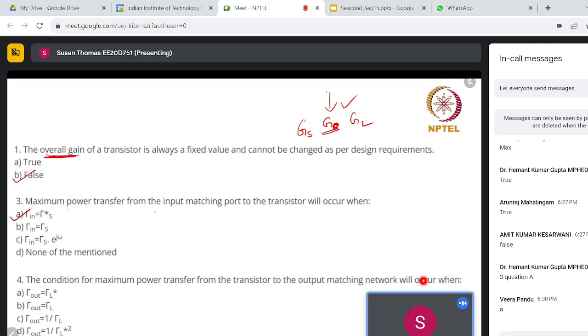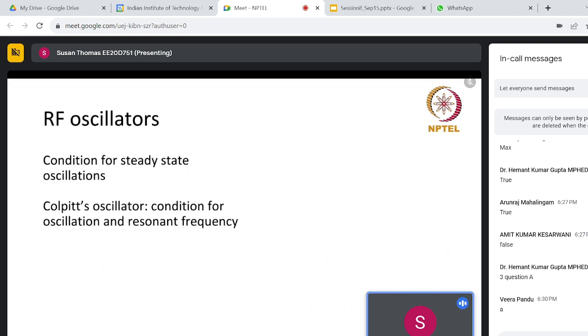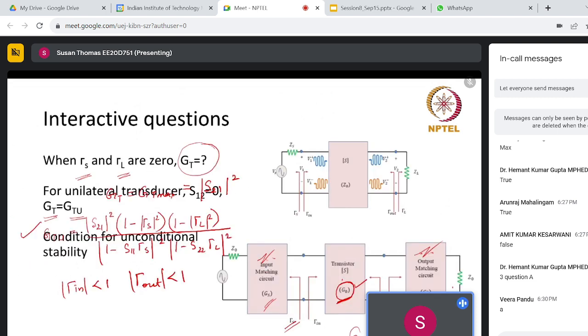Maximum power will be transferred when gamma in is equal to gamma S conjugate. So maximum power transfer from the input section to the transistor will happen only when gamma in is equal to gamma S conjugate. Similarly, gamma out is equal to gamma L conjugate if you want to transfer maximum power to the load.